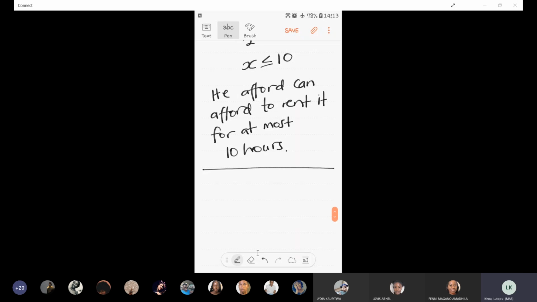Okay, we are told that Sue earns 1.25% commission. So her commission is equal to 1.25%, but this commission is on sales above 10,000.